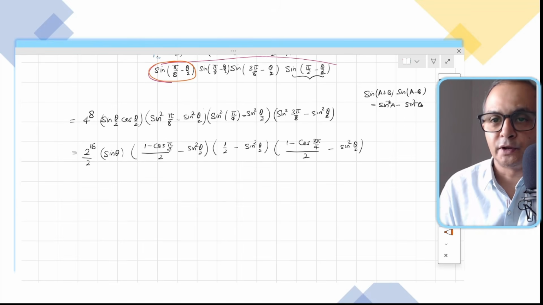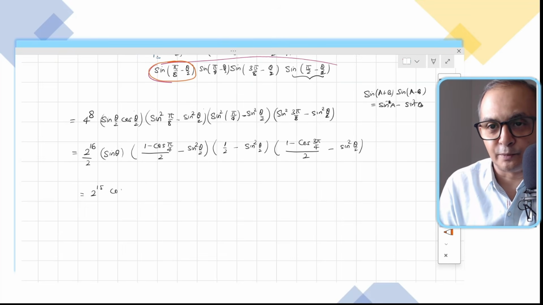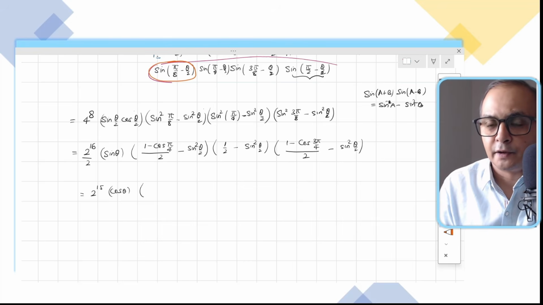Now notice one important thing. This can be to the power 15. That's not so important, but the important is here. What this is, I can write here 1 minus cos pi by 4. I'm not writing the value of cos pi by 4. And then minus 2 sine square theta by 2 divided by 2.